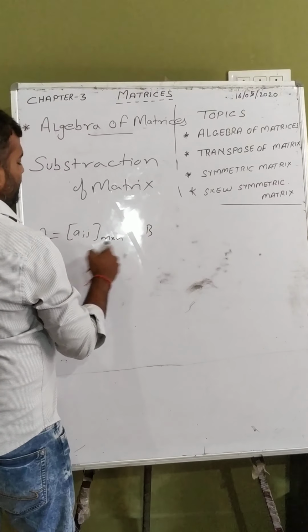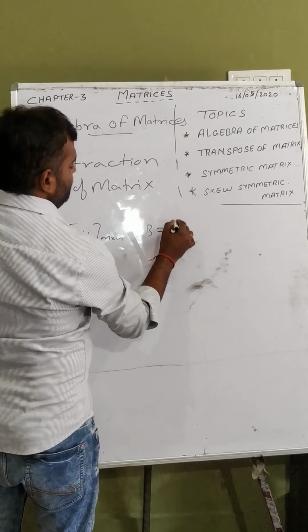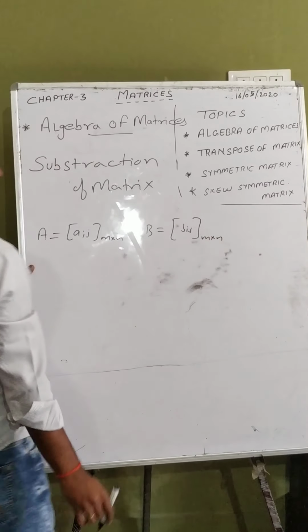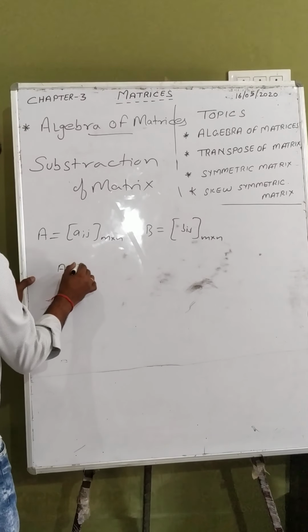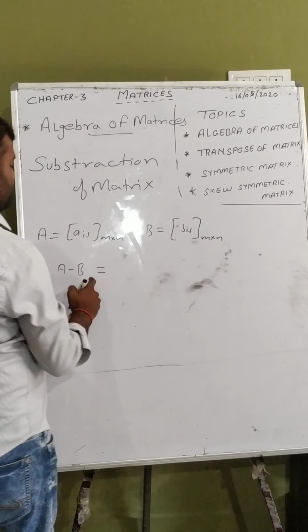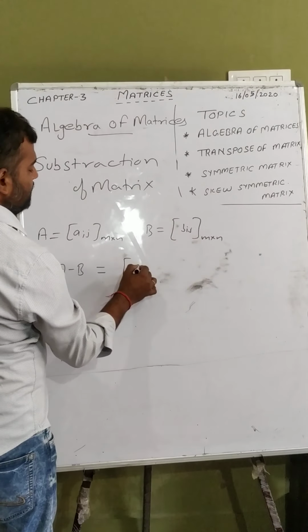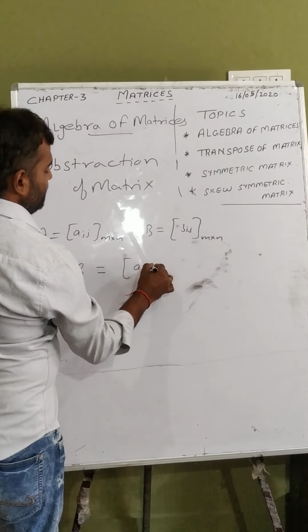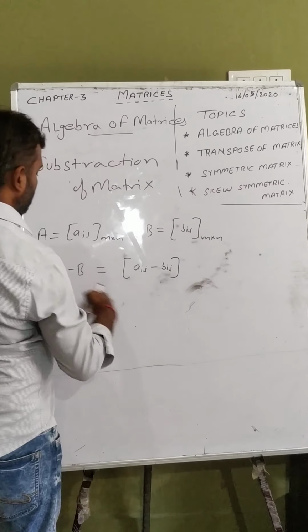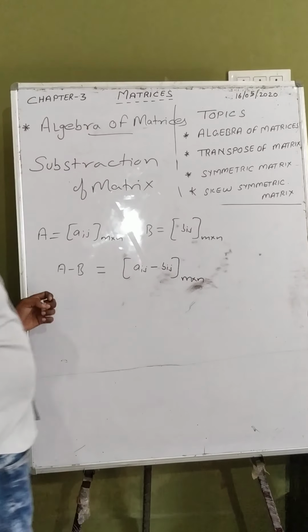Let A equal to Aij, m by n, be a matrix, and B equal to Bij, m by n, be another matrix. Then the subtraction is given by A minus B equals Aij minus Bij, where corresponding elements are subtracted, and the resultant A minus B has the same order, m by n.